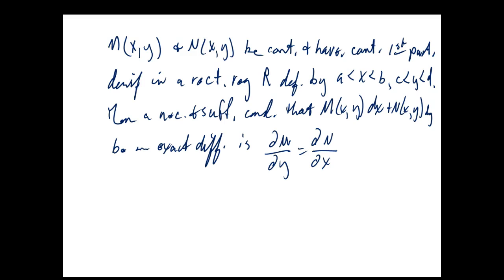This is the functional coefficient of dx, and you take the partial of that with respect to y, and the functional coefficient of dy, you take the partial of that with respect to x. If those are equal, then that gives you an exact differential. Otherwise, they don't. That's what necessary and sufficient means.